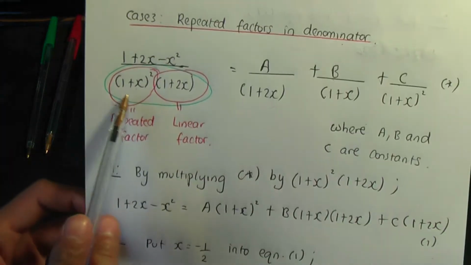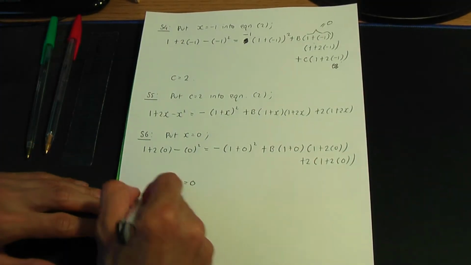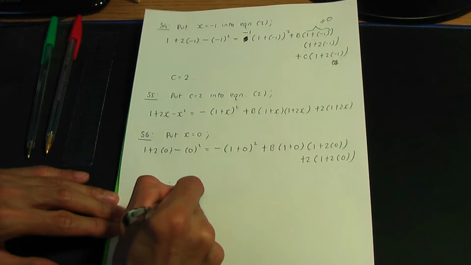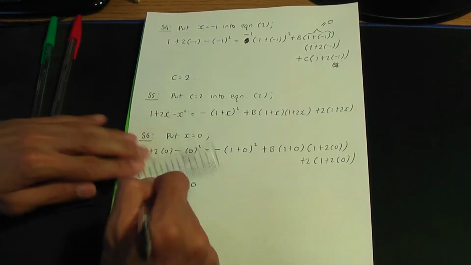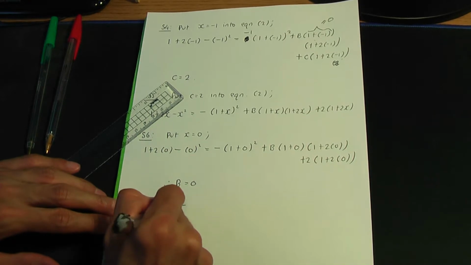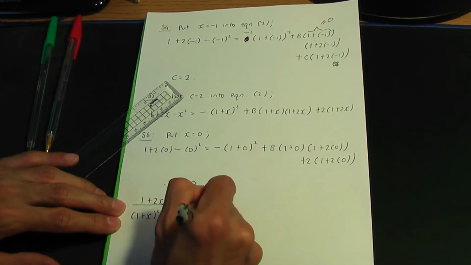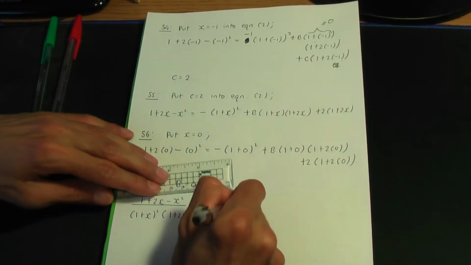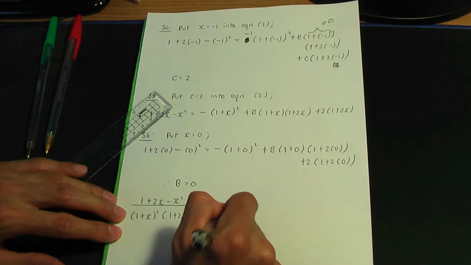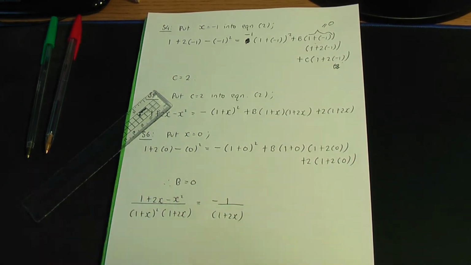If I replace those values in our initial equation, we're going to have 1 plus 2x minus x squared over 1 plus x squared into 1 plus 2x, which is the same as a is minus 1, so minus 1 over 1 plus 2x, plus b.